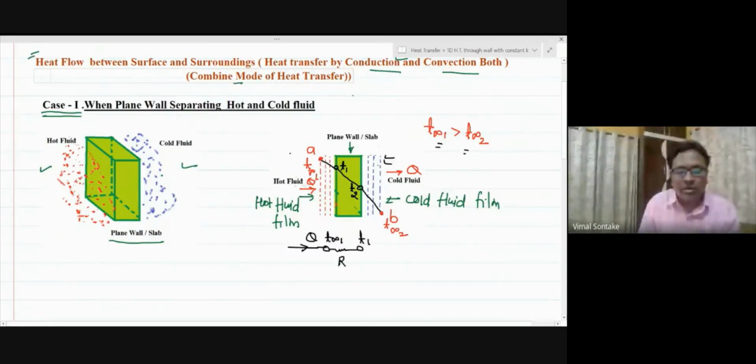And the thermal resistance offered by this fluid film, I am representing by RT suffix A. Then the second potential difference will be the temperature difference between T1 and T2 of the faces of this wall, and it is also going to offer thermal resistance, let's say RT. And the final potential difference will be between temperatures T2 and T infinity 2, between the right face of the wall and fluid film.